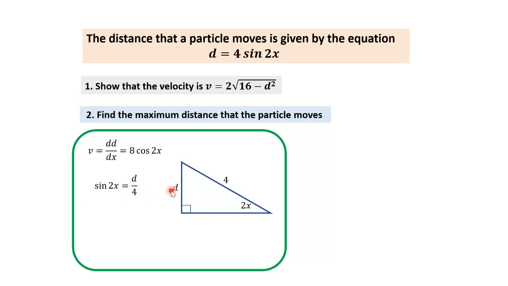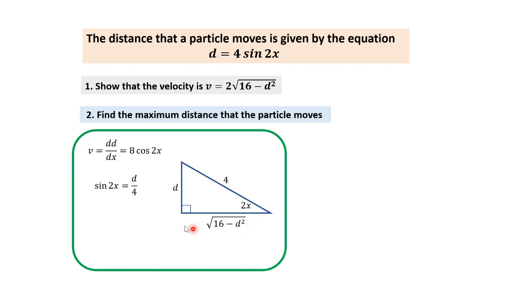So I can say the side opposite that angle 2x is d, over the hypotenuse 4. Which means that by Pythagoras, I'm going to work out the third side by saying the hypotenuse squared minus that side squared gives me 16 minus d squared. It's now starting to look a little bit better.